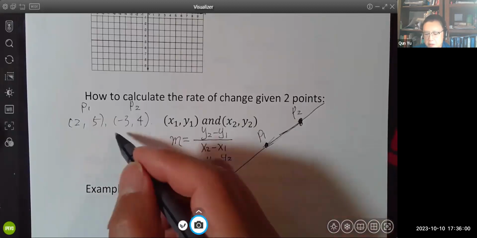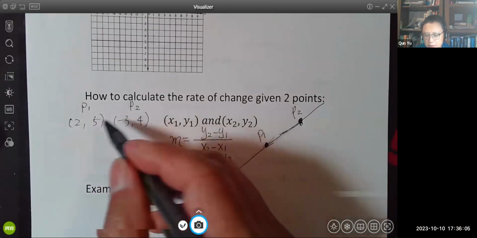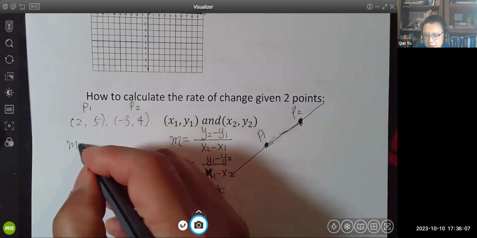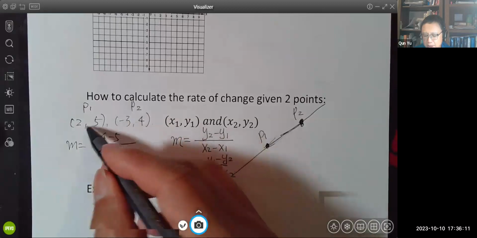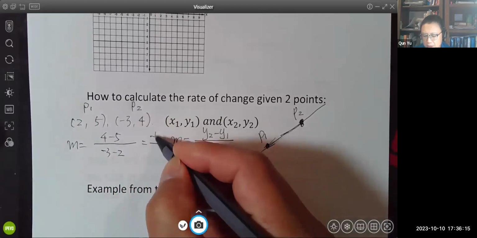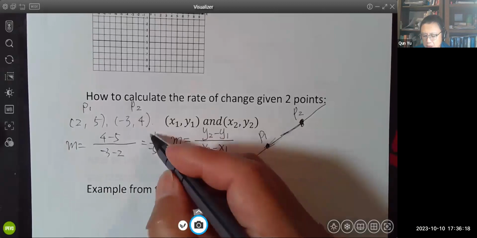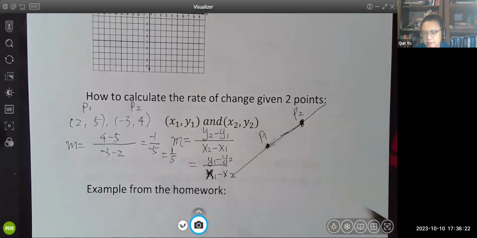Okay. So I'm going to demonstrate that. Suppose I use P2 minus P1, y2 minus y1. Let's see what I get. 4 minus 5, then x2 minus x1, -3 minus 2. Again, -1 on the top, -5 on the bottom, and negative divided by negative is positive. So I get a positive 1/5.